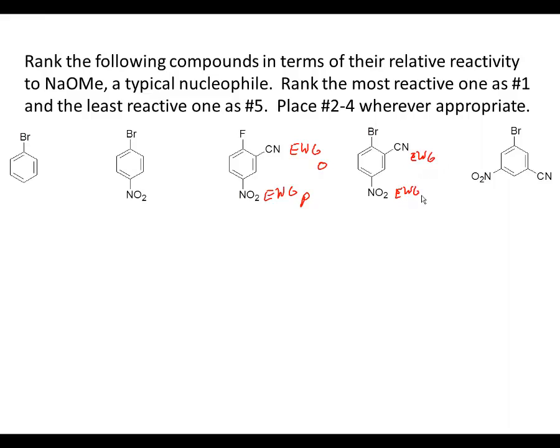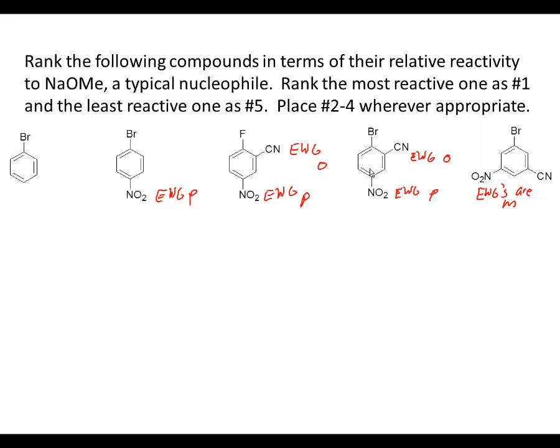EWG, EWG, ortho para. Electron withdrawing group para, and here the EWGs are both meta. Okay, so fluorine is best, and it's better than systems where we have a bromine.